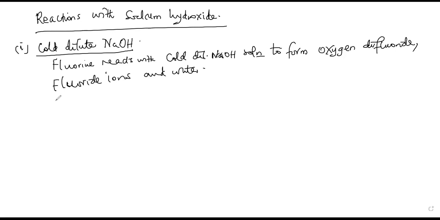Whereby if you write the ionic equation, this side I prefer ionic because they are easier. So it is fluorine gas plus 2 hydroxide ions from sodium hydroxide. We form oxygen difluoride gas plus fluoride ions from sodium fluoride, and then water.